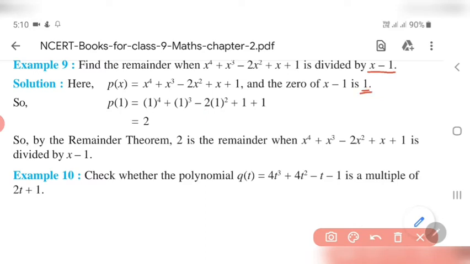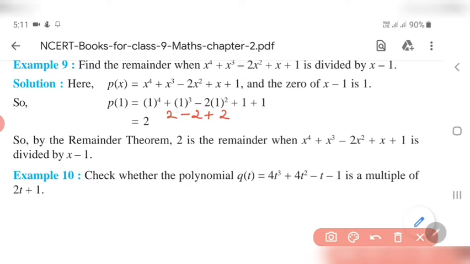Now we have to solve. 1 to the power of 4 is 1 itself, and 1 cube is also 1. So 1 plus 1, how much will we get? We'll get 2, minus 2 times 1 squared, that is 2, plus 1 plus 1, that is also 2. Anything we can cancel here?